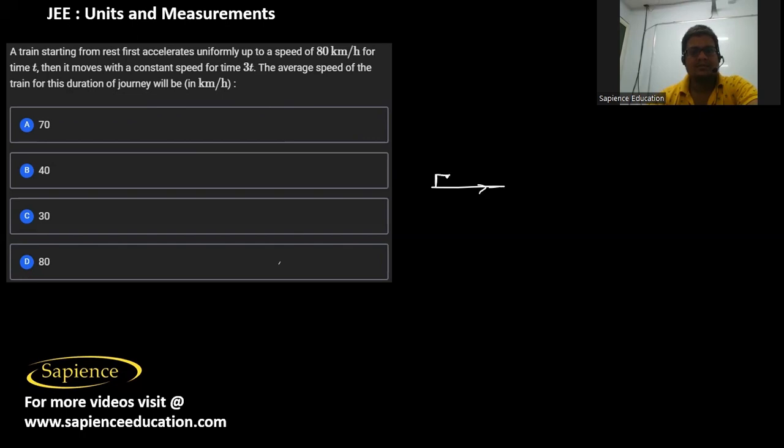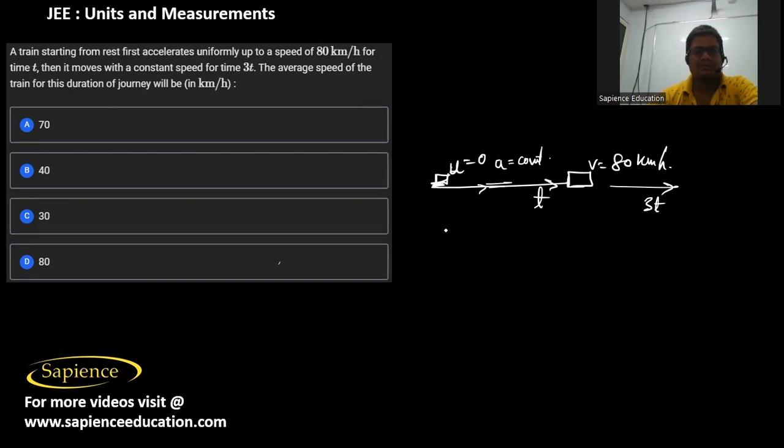It starts from rest, u equal to 0, and acceleration a is constant, and it accelerates to a speed of v equal to 80 km per hour for time t. Then it moves with a constant speed for time 3t. The average speed of the train for this duration of journey will be.